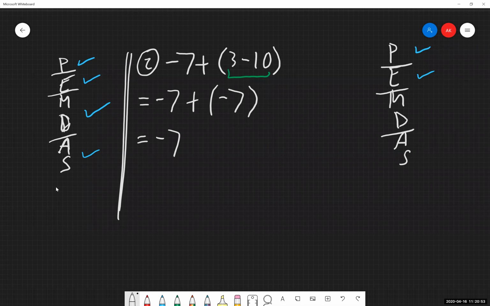So I'm going to have negative 7 minus 7. All I did was take care of the double sign there and make it a single sign. So now I have negative 7 minus 7. That's going to give me negative 14. We've got our final answer right there.